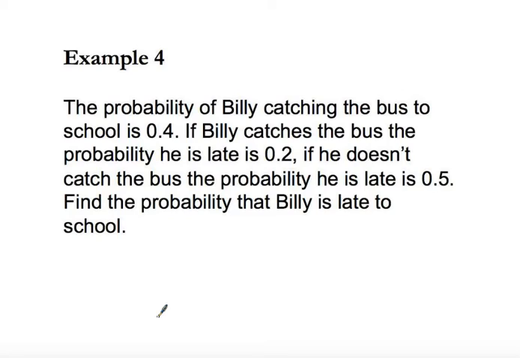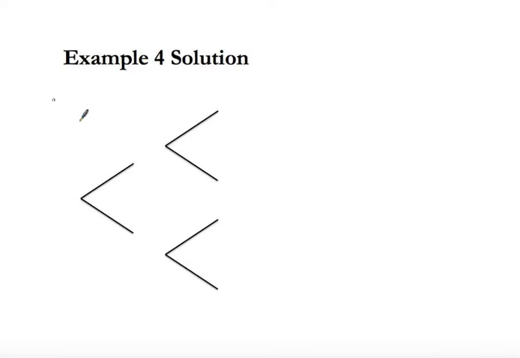So we've got the probability of Billy catching a bus to school is 0.4. If he catches a bus, the probability he's late is 0.2. If he doesn't catch the bus, the probability he's late is 0.5. We want to find the probability that Billy is late to school. So, first event is catching a bus.